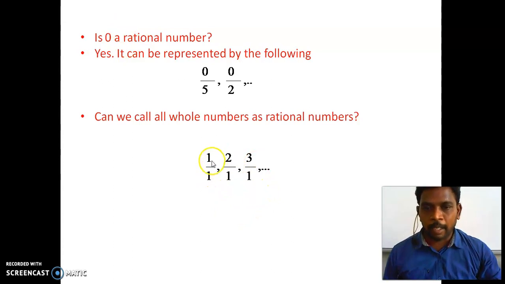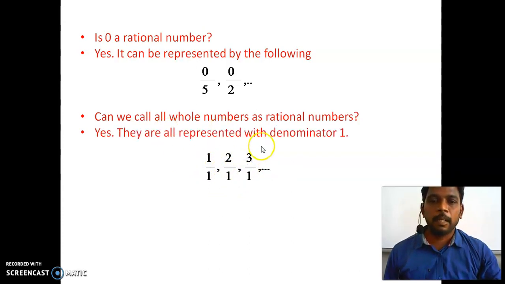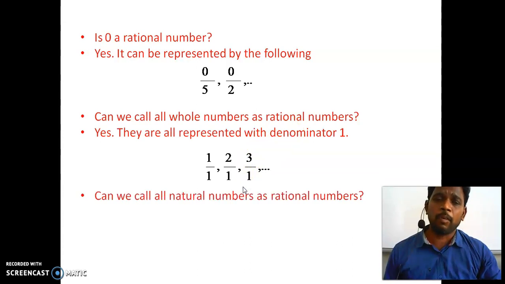So the numerator and the denominator are integers, because already we know that whole numbers are rational numbers only. So here in 2 by 1 also, 2 and 1 are integers. So it is in the form of p by q, and your numerator and denominator are integers. Therefore we can call whole numbers rational numbers. In a similar way, can we call natural numbers rational numbers?